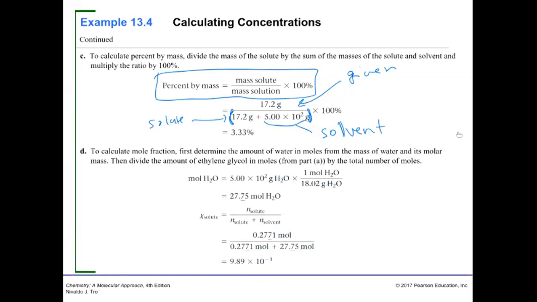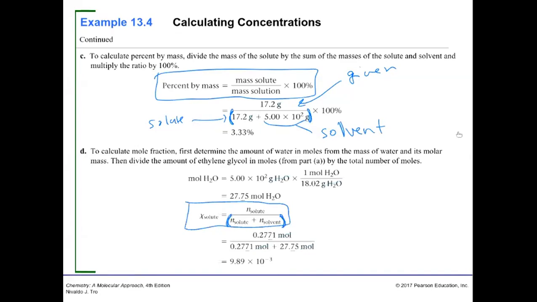Then we asked for mole fraction, so that's where we take the moles of the solute. So here's another definition you need to have memorized, divided by the total moles on the bottom, so solute and solvent.